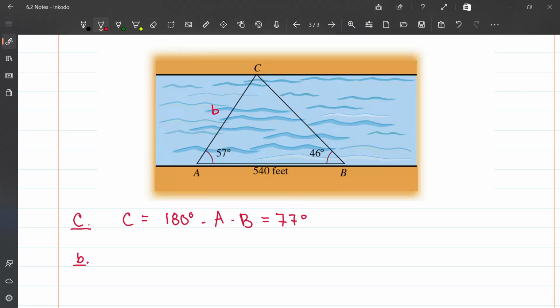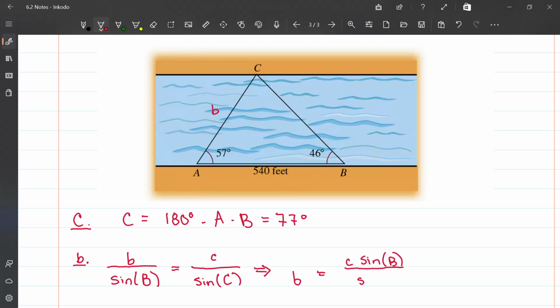And kind of like we've done before, the smart way to do this would be to take little b over sine of big B, and by law of sines, it's equal to little c divided by sine of big C. That's going to imply that b is equal to little c sine big B divided by sine of big C.